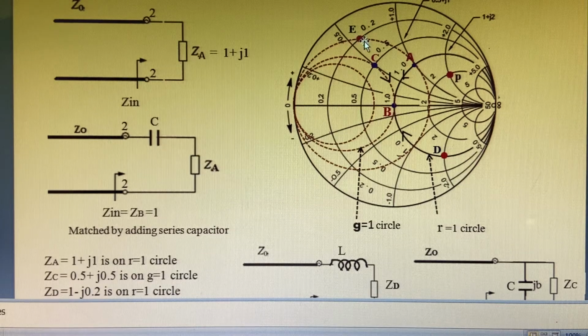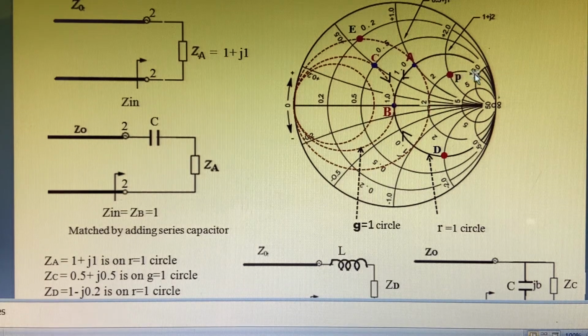So in this case, similarly, if the load is like this, even if you move from here like this, we are not reaching. Even if you move like this, we do not reach the center of the Smith chart. For example, at point P, if you move from here over a resistance circle, this resistance circle is the R is equal to 2 circle, we are not reaching the center of the Smith chart.